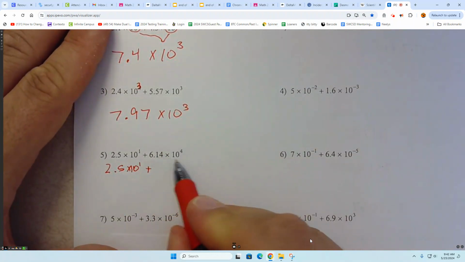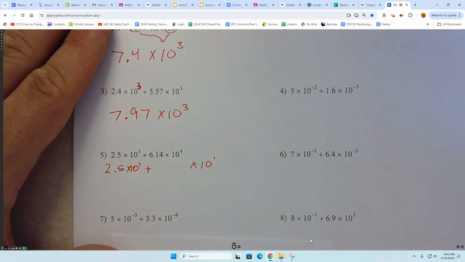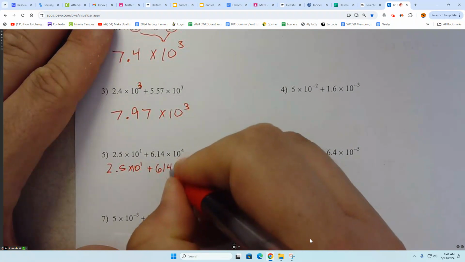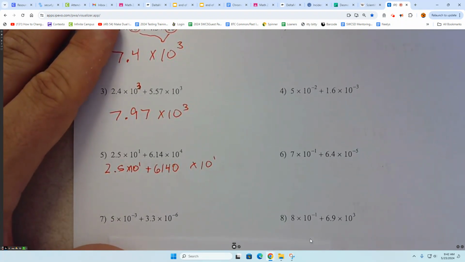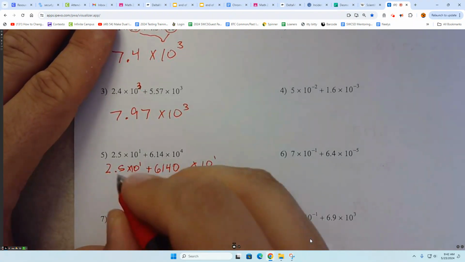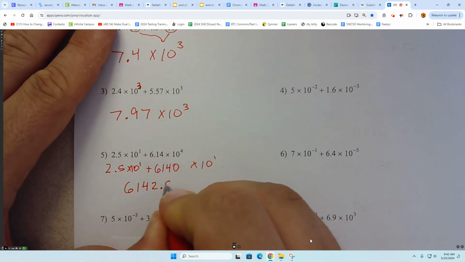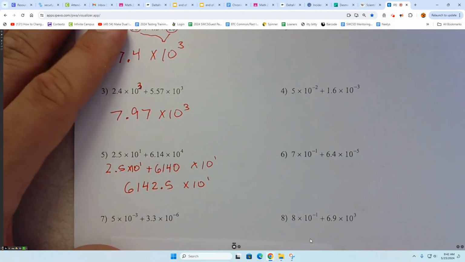So, if I'm going to make this 10 to the first, that means how many zeros are going to be given to the other thing? 3. And now I'm allowed to add them. What is 2.5 times 6,140? No, I'm sorry, plus. 6,142.5.